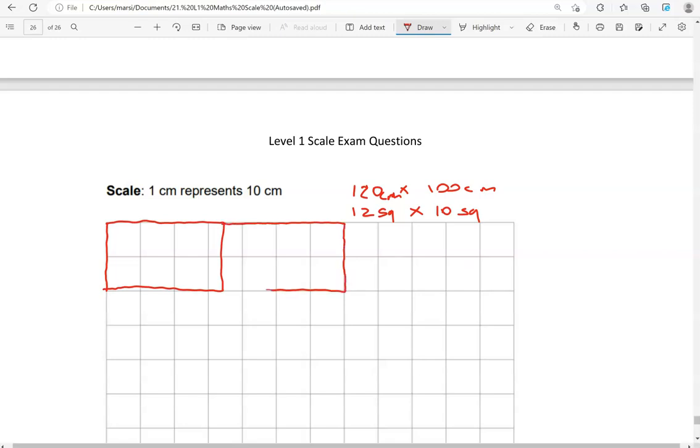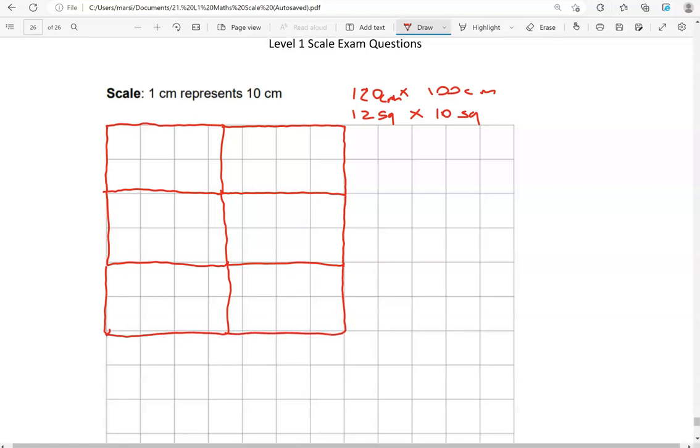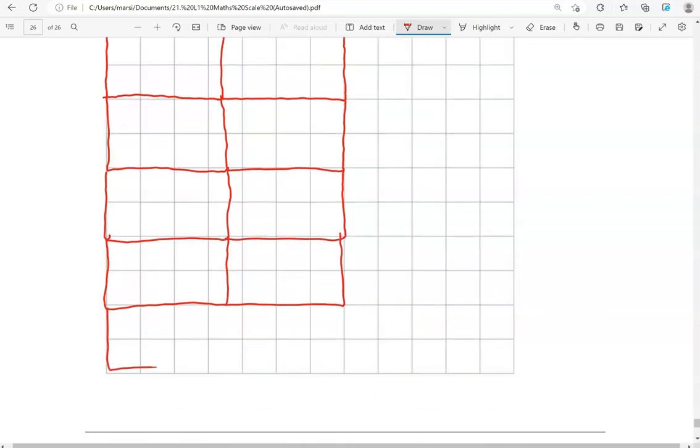Let's do another one here. 2 by 3.5. And we continue, so we've got 4 so far. 6, 8, 10.